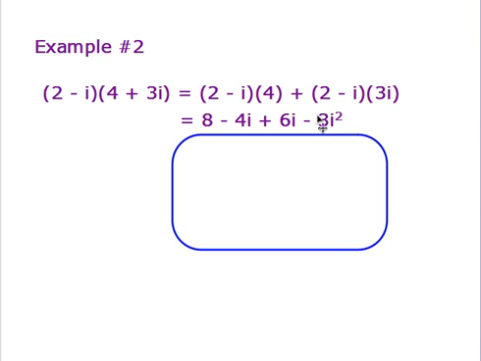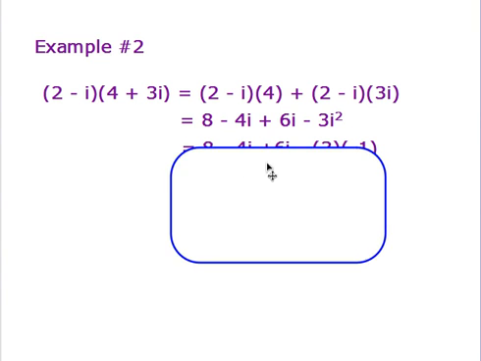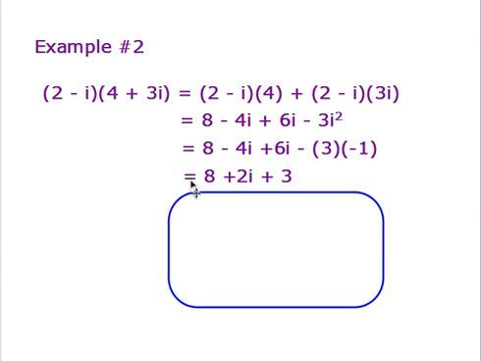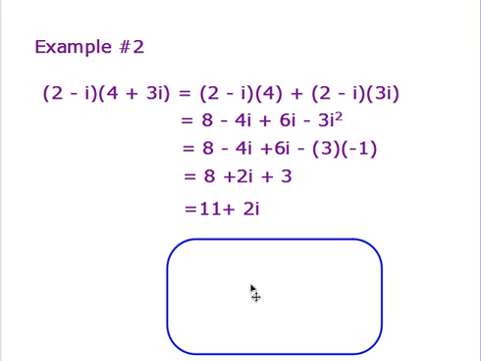This +3 can add to the 8. Right, so there's our -1. +3 adds to the 8. These simplify to 2. We want to write it in standard form. So this would be multiplying 2 complex numbers.